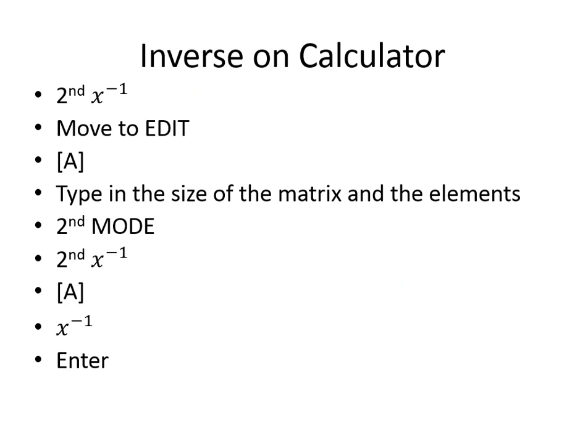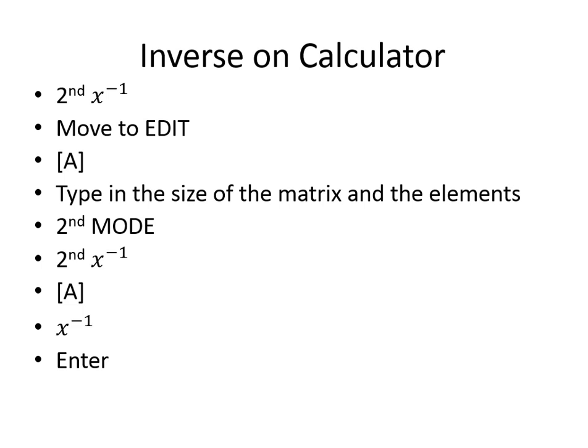So anytime I make you do a 3 by 3 matrix, you will be able to use your calculator. So you want to make sure you have your graphing calculator. This is the step-by-step for a TI-83/84. If you have a different one, it's going to be slightly different. So if you do have questions in class, you can come and ask me about it.